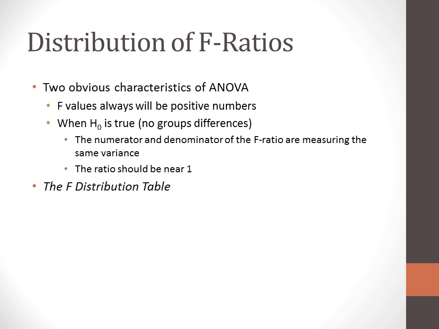However, in this class, we'll probably just use Excel to get the value for the F distribution table, so I'm not going to push too much about that. But to use the table, you will need to know your degrees of freedom between, your degrees of freedom within, and whatever alpha is. And it's pretty straightforward. We'll talk a little bit more about that in our very last lecture.